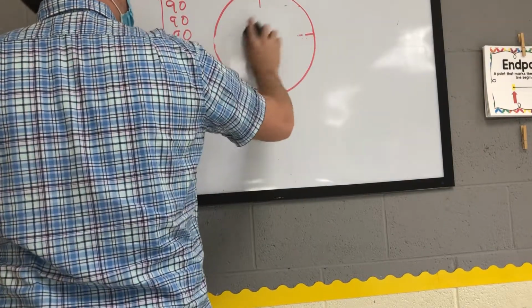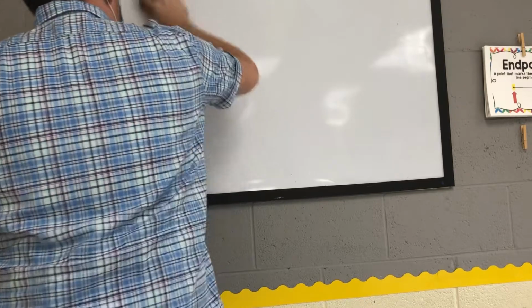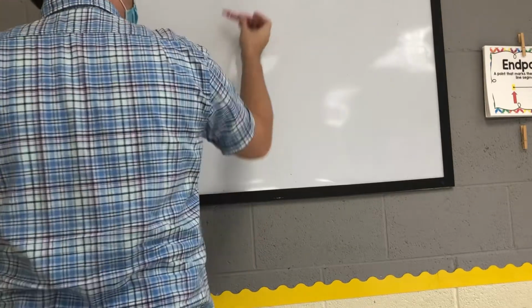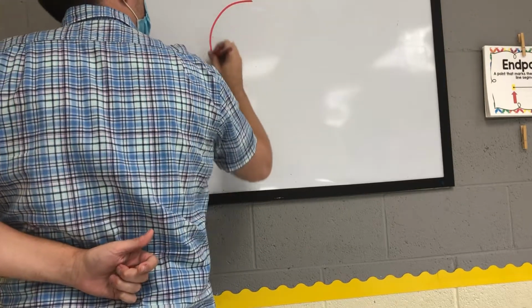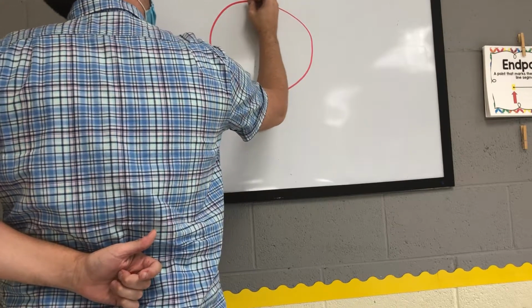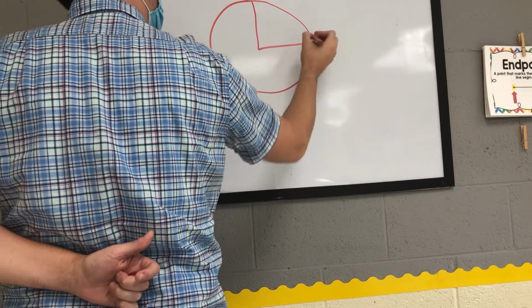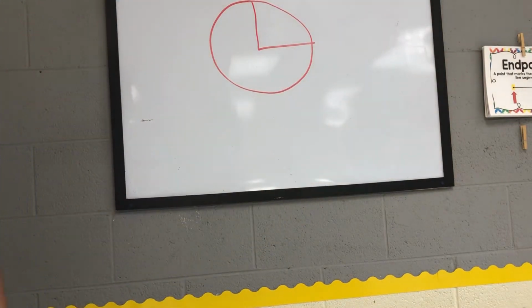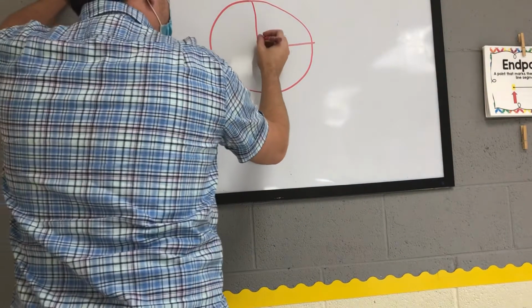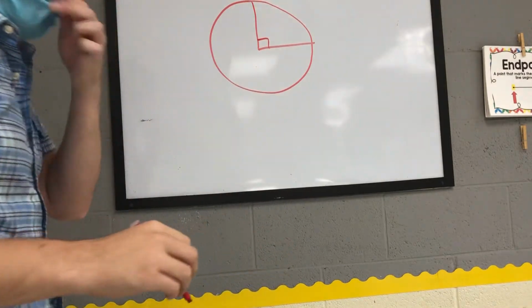Now let's back that up and we'll go through it again really slow, okay? Here is a circle. And a circle has 360 degrees. Now, this is 90 degrees because it's a right angle.